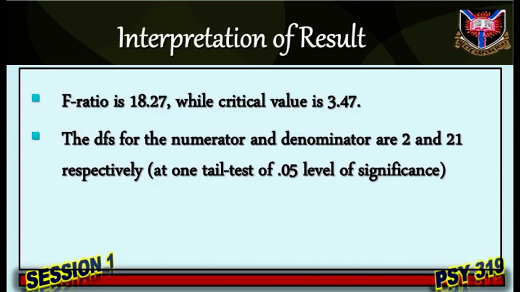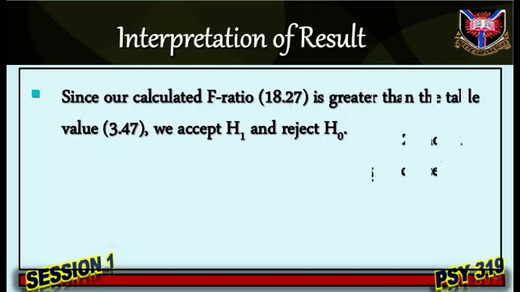Using the DFs at a one-tailed test of 0.05 level of significance, the critical value is 3.47. Since our calculated F ratio, 18.27, is greater than the table value, 3.47, we accept H1 and reject H0. This suggests that the major of students has influence on sociability.